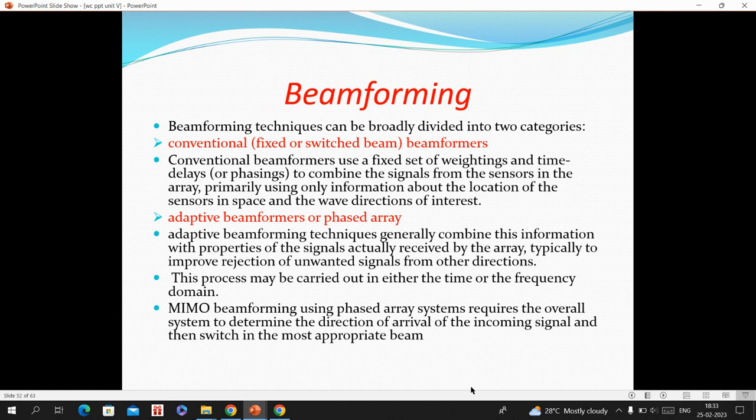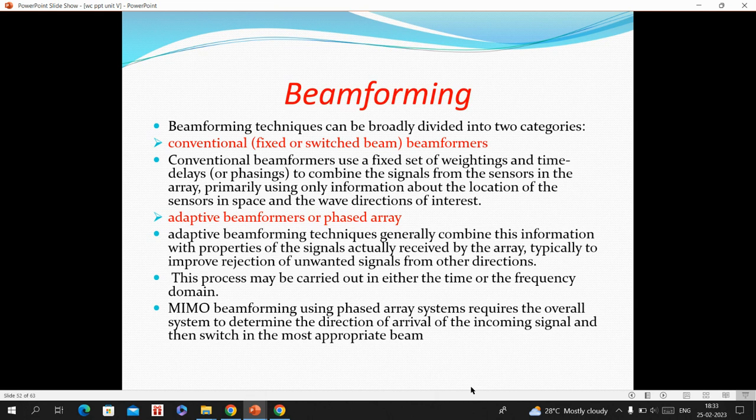There are two types of beamforming: conventional beamforming and adaptive beamforming. In conventional beamforming, a fixed set of weights and time delays is set at the transmitting end. With prior information about the location, we adjust the fixed weights and time delays, adjusting the phase to transmit in a particular direction.